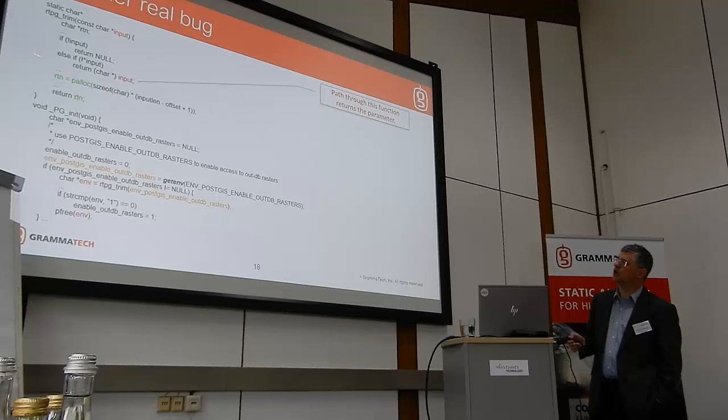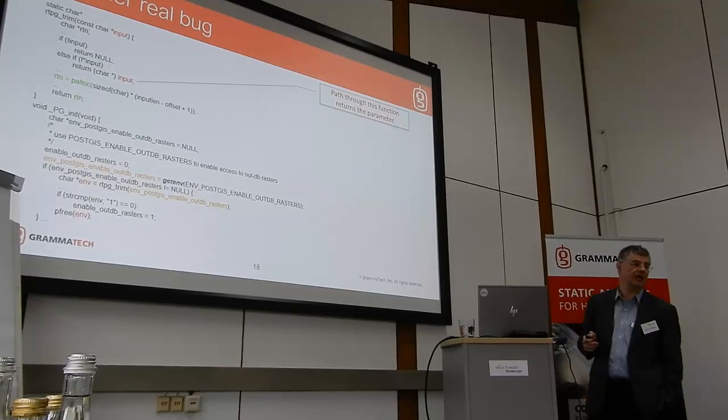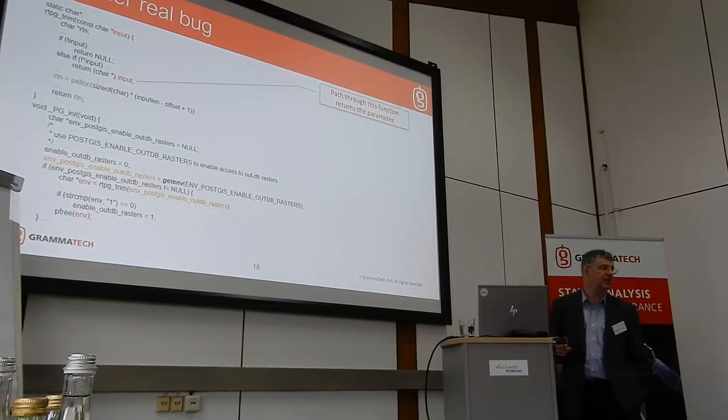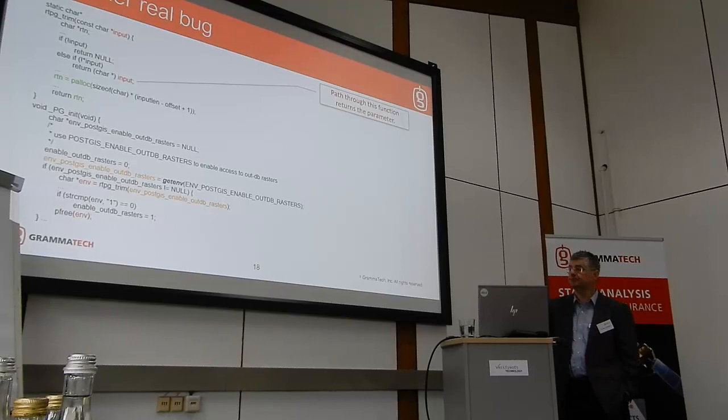And I've elided some of the code here that's not especially relevant, but you can see that there's a definite path through this code where what's being returned is exactly what was passed in as a parameter. And notice that on other paths through the code, it's either returning null, or it's returning something which is given back by a call to palloc. Now palloc just happens to be a wrapper to malloc.